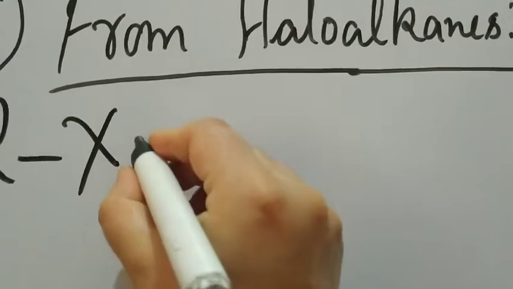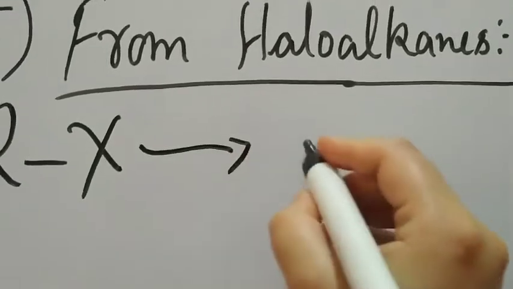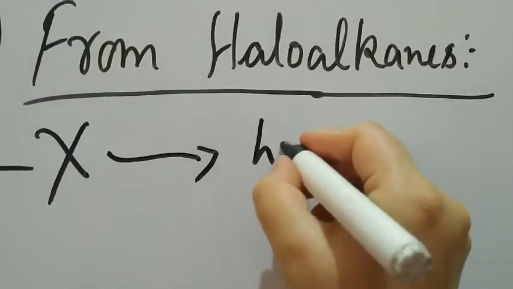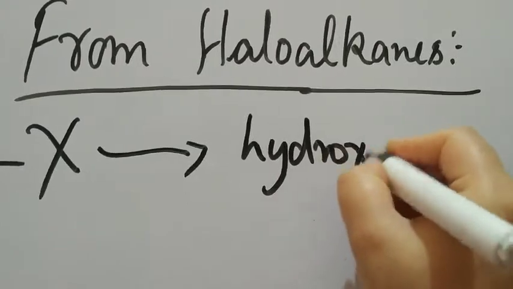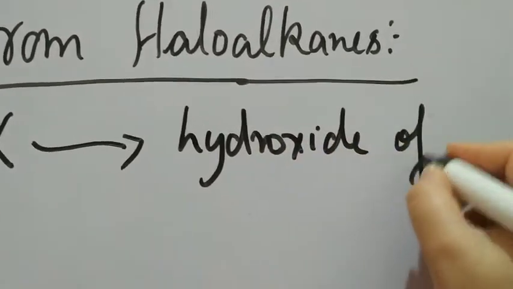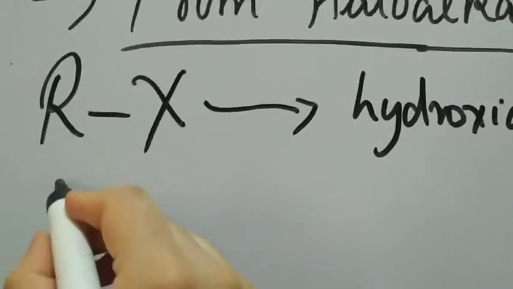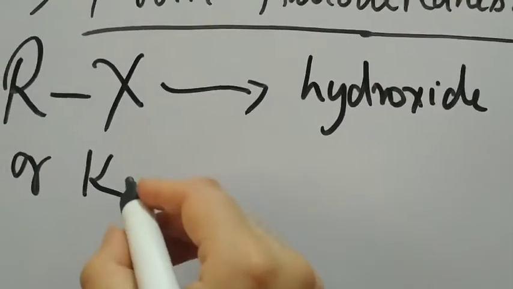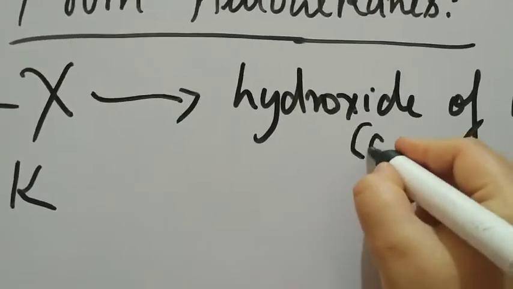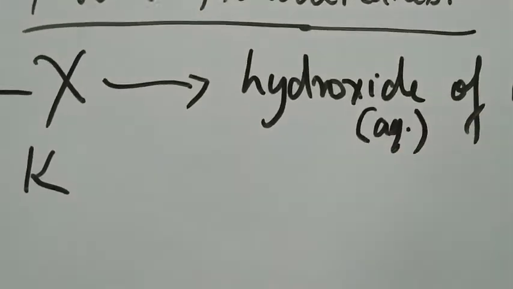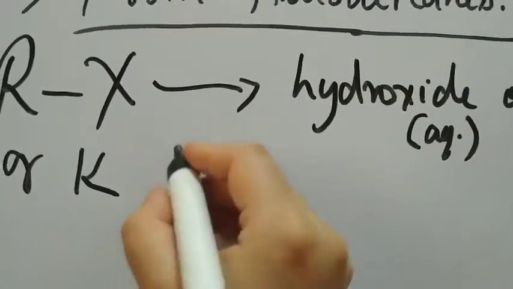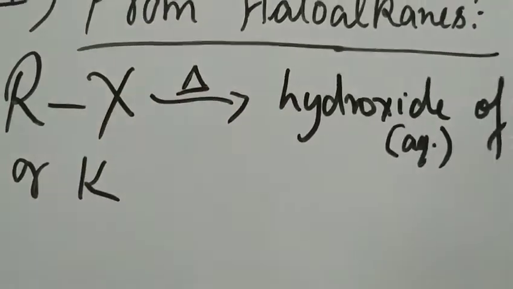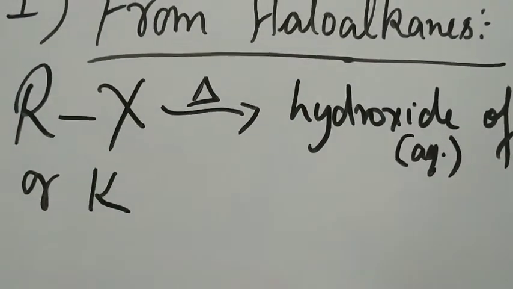What we do is that this RX is treated with a hydroxide of sodium or potassium. Treat it with potassium hydroxide or sodium hydroxide, but this hydroxide has to be taken in an aqueous state, right? So we heat it with the hydroxide of sodium or potassium.